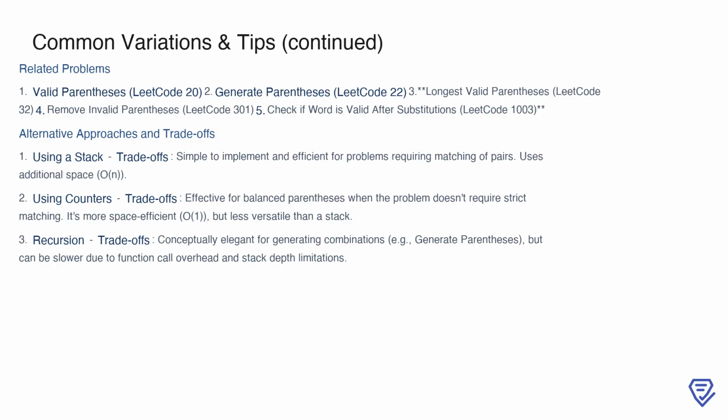They're more space efficient, using only O(1) space, but they lack the versatility of stacks in tracking the order of pairs. Lastly, recursion can be an effective approach for generating combinations, like in generate parentheses. However, recursion introduces trade-offs such as higher function call overhead and potential stack depth limitations, which can impact performance. Each method has its strengths and weaknesses, so it's important to choose the right one based on the problem's requirements.